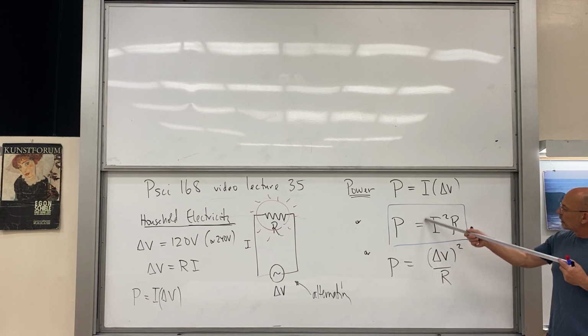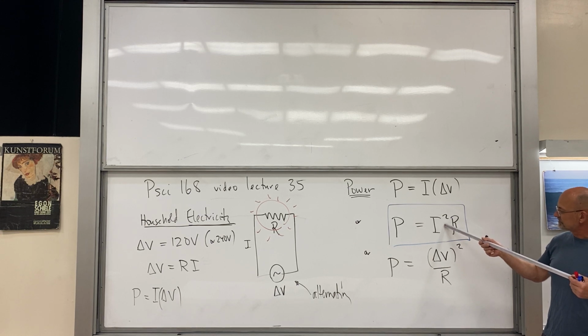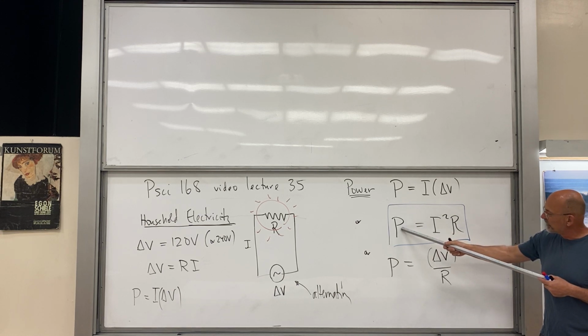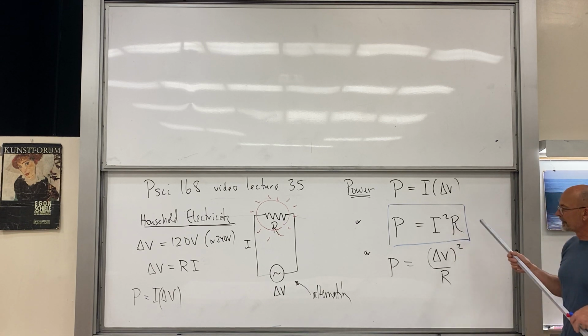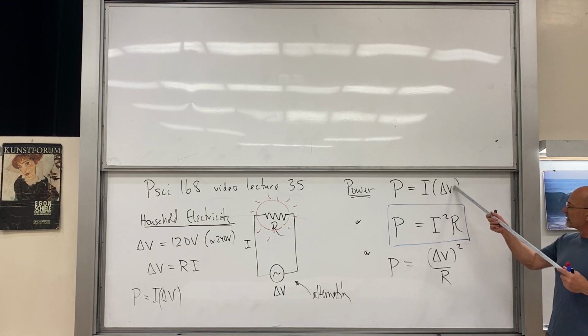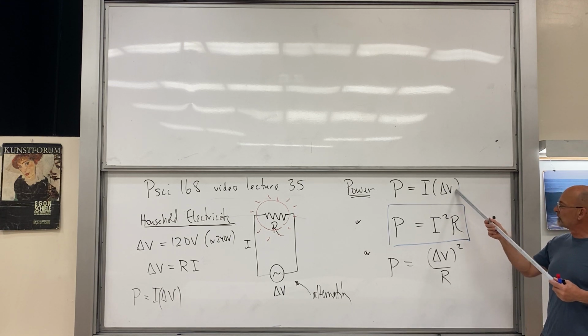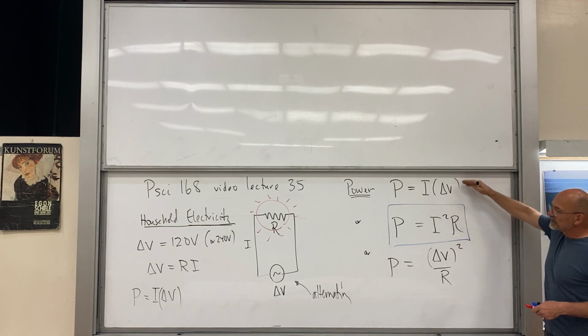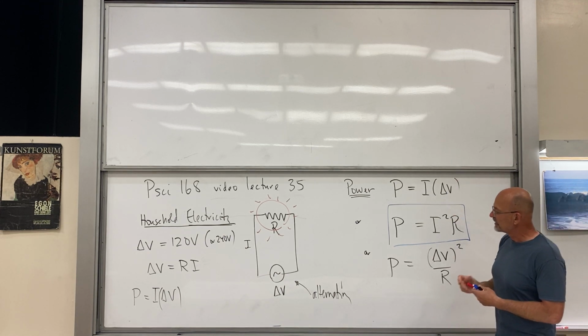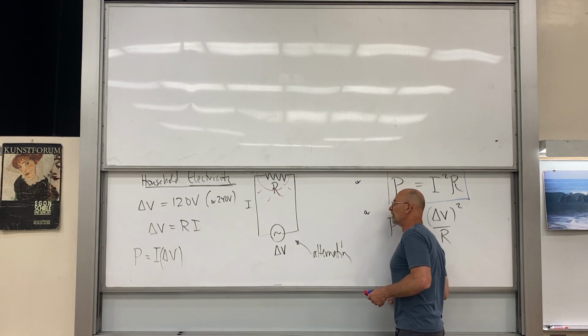Because it goes in as the square of the current, we want to transmit as much power as we can without having too much current. The way to do that is going to be with high voltage, small current. So an analysis of these things really takes you a long ways. Now let's look at some examples.